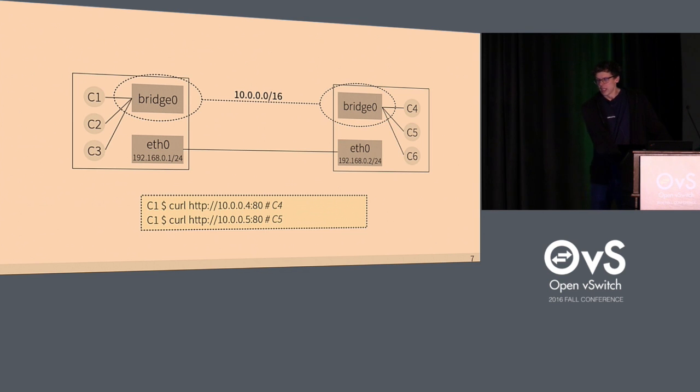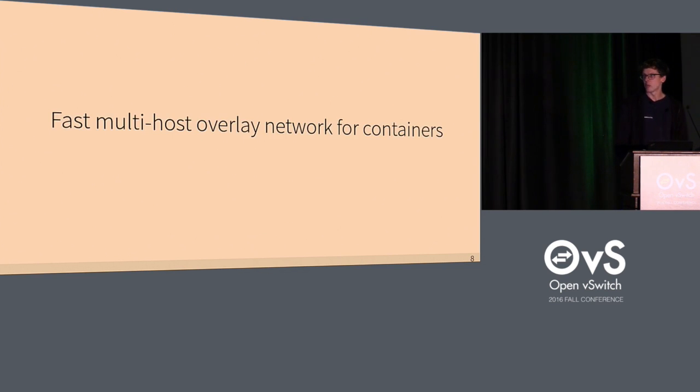So that brings us to our motivation, or to a problem statement: what we want to do with Open vSwitch is build fast multi-host overlay networks for containers. And yes, when I say fast, I do not mean really fast. I do not mean any kernel bypassing.